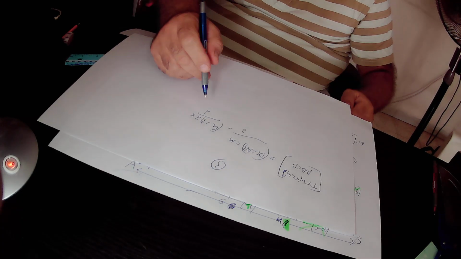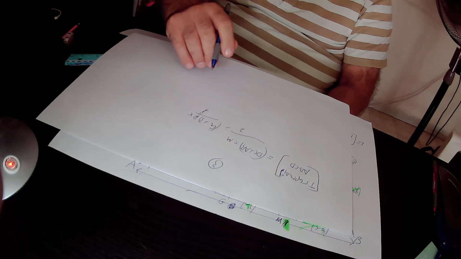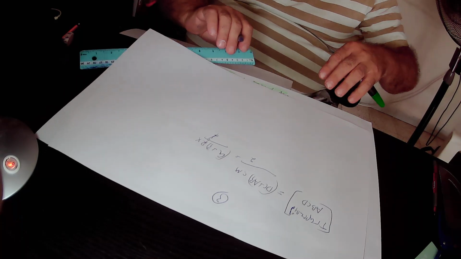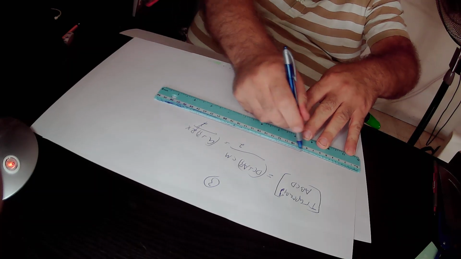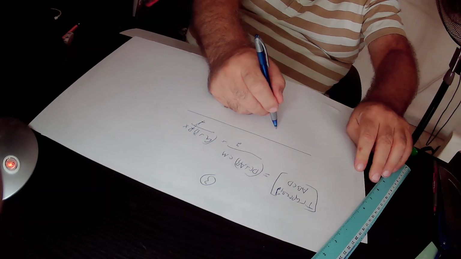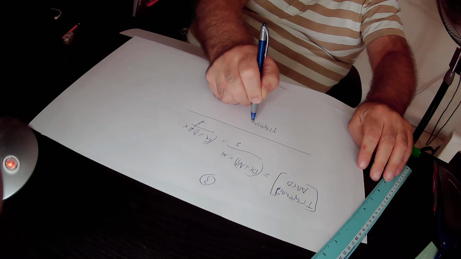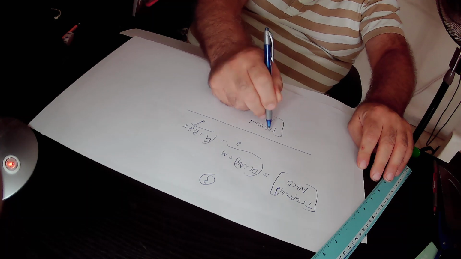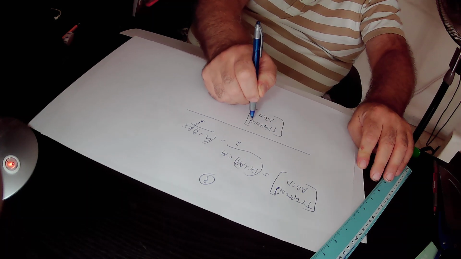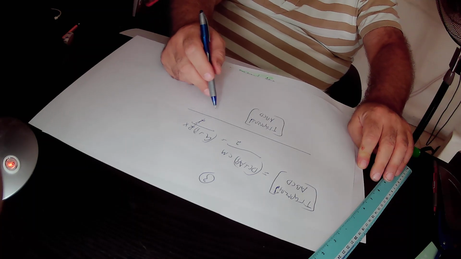We have 2 in the numerator and 2 in the denominator, so 2 gets cancelled. So in total, we found out that the area of trapezoid ABCD is equal to a plus 3 times x.